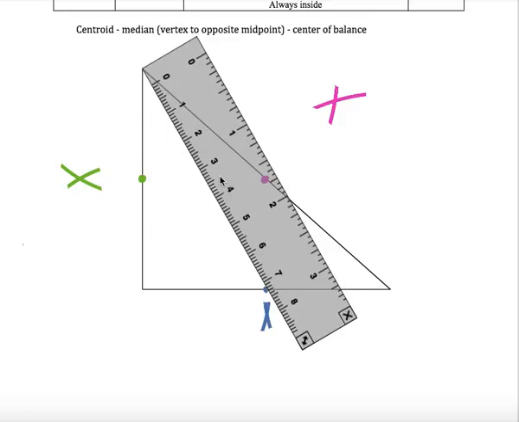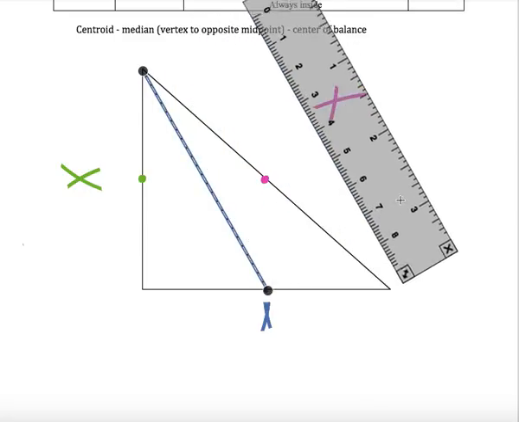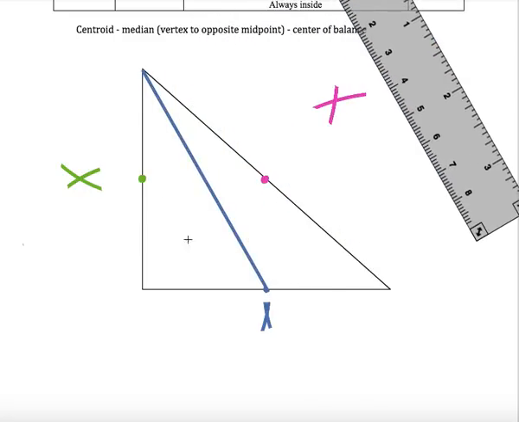I make sure I have it lined up to where I can see both of them. Then I'm going to draw that straight line from the vertex to the midpoint along that straight edge. All right, so this is my first median. It goes from vertex to opposite midpoint.